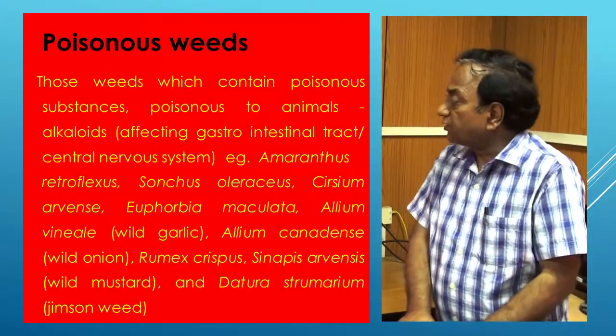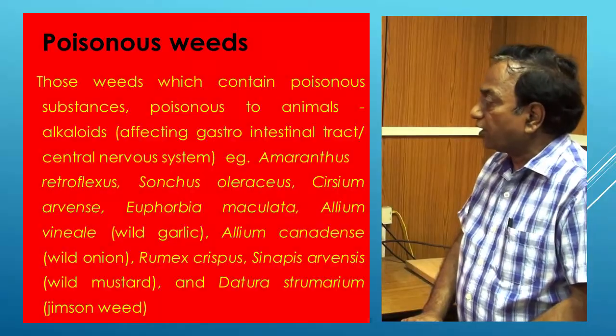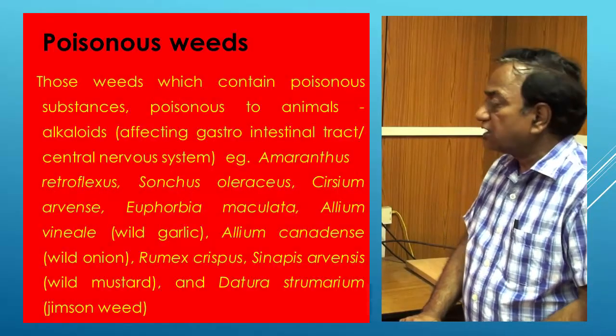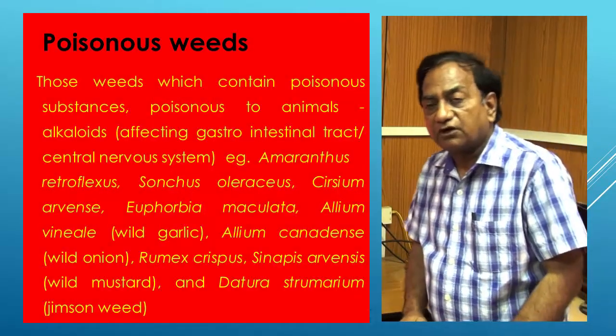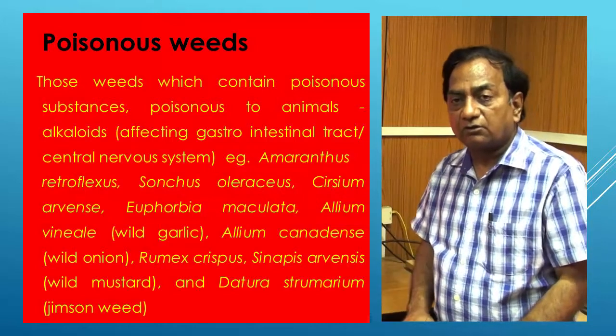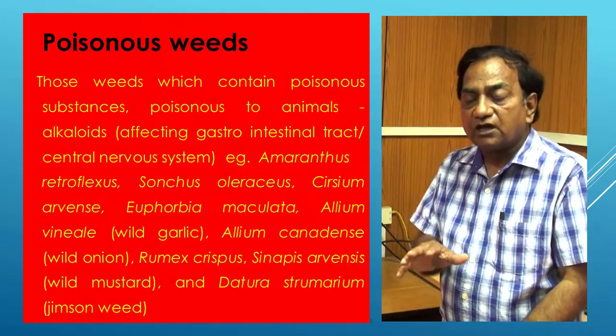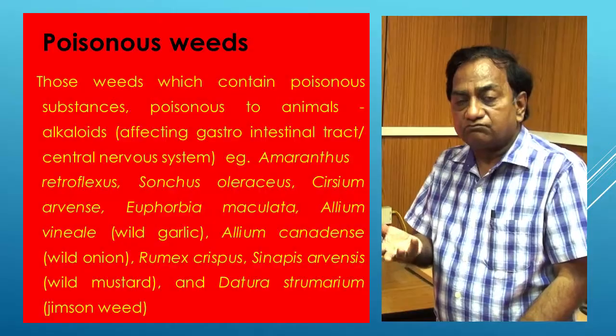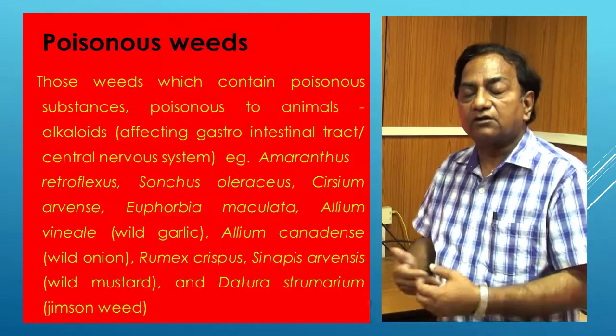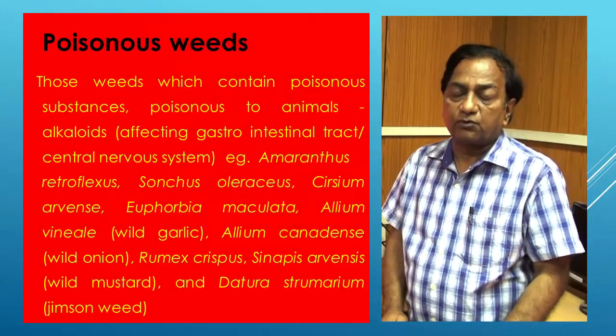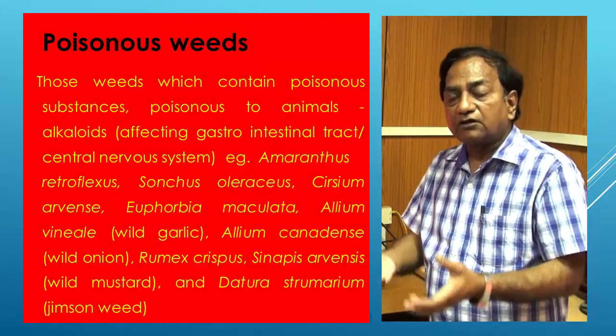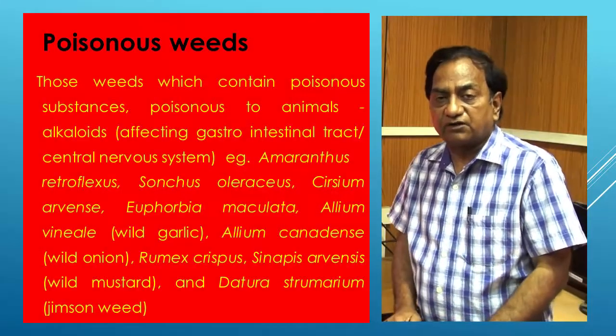Poisonous weeds. So poisonous weeds are those weeds which contain substances poisonous to animals. Sometimes some animals graze certain weeds, and after feeding they suffer mortality, because some alkaloid is present in such weeds.